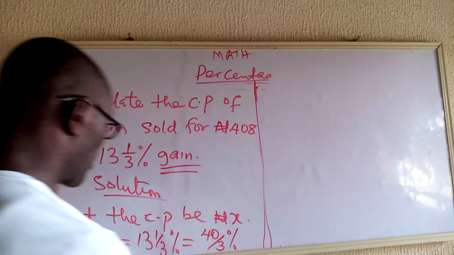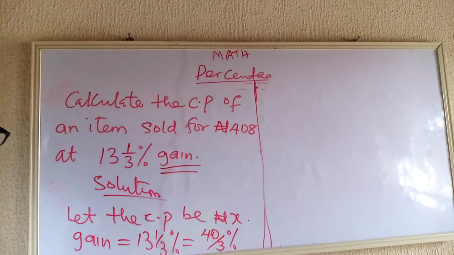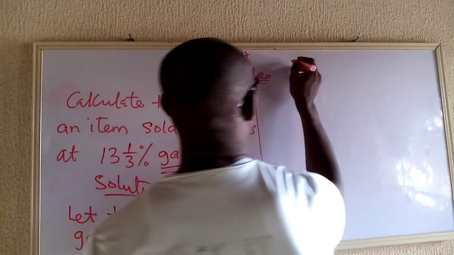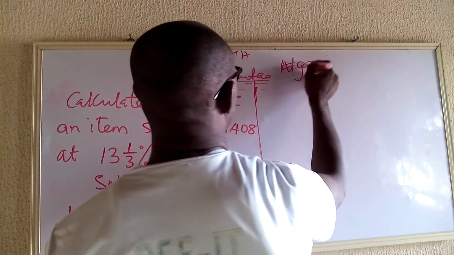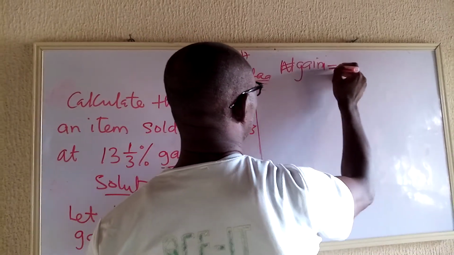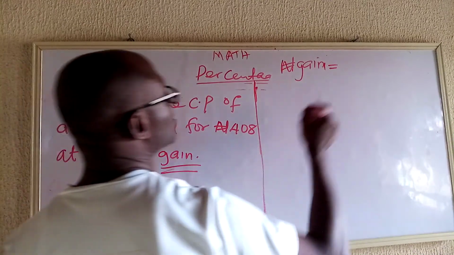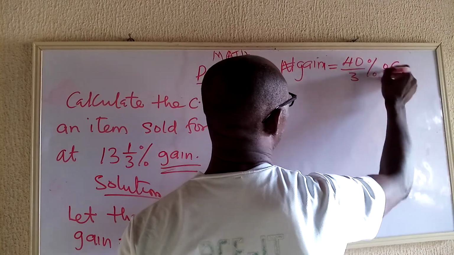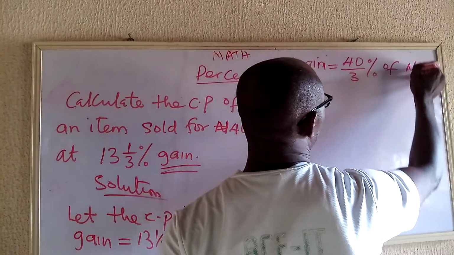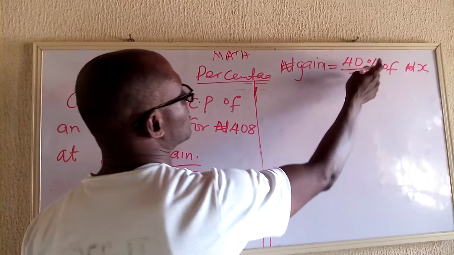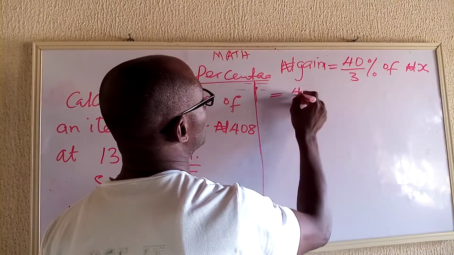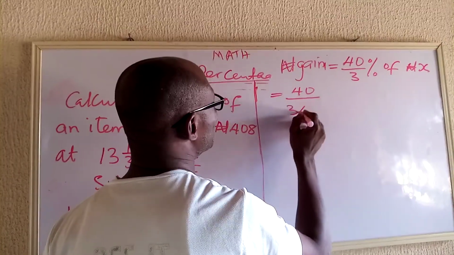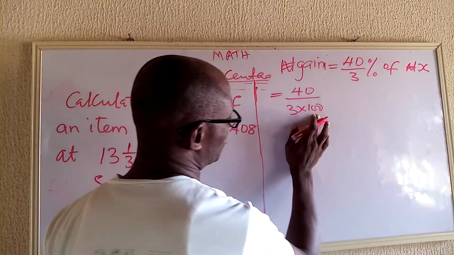All right, do not forget that first thing, you convert this percentage to naira by multiplying this percentage with the cost price, which is X. So the gain in naira will be the percentage gain, which is 40 over 3%, of the cost price, which is X. So this one means 40 over 3 times 100, because this percentage is over 100.